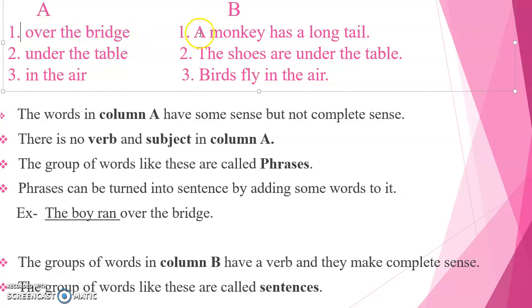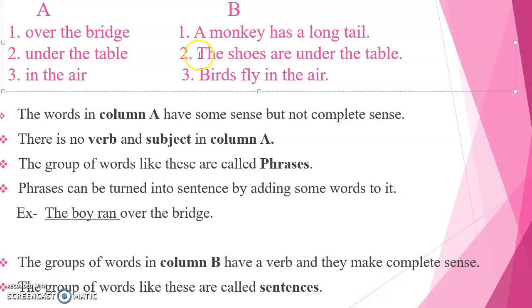But if we see column B, we can see it is starting from a capital letter and ending with a full stop. It also has a verb. Second, you can also see, the shoes are under the table.